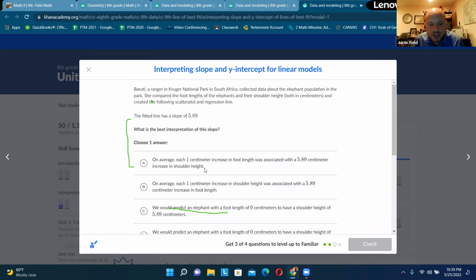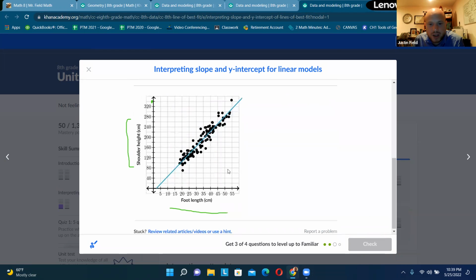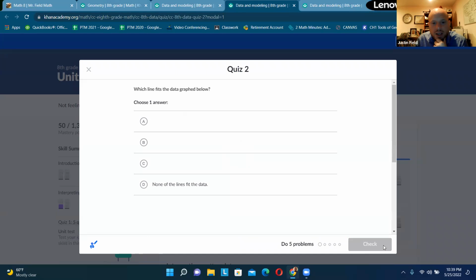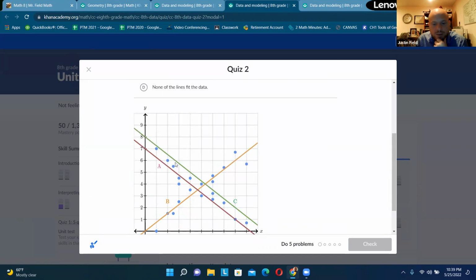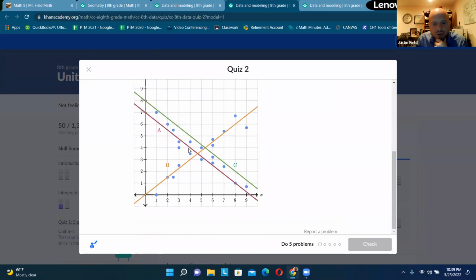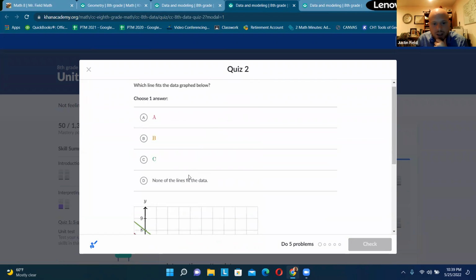All right, so this is a really good one to do. And so we did a slope example, a y-intercept example. So go ahead and try that one. Quiz 2 is just doing some interleaved practice on lines of best fit, but you have all the tools. So now you just want to put them together.